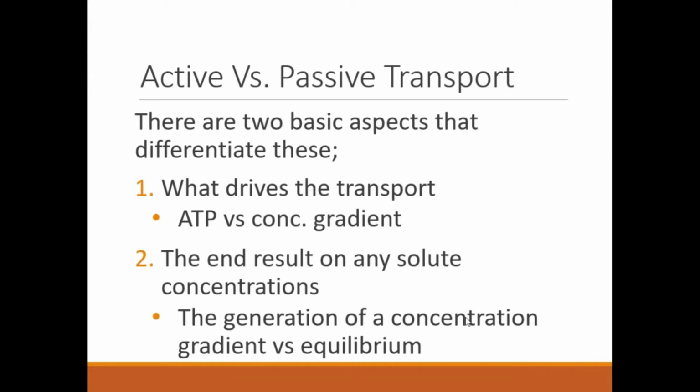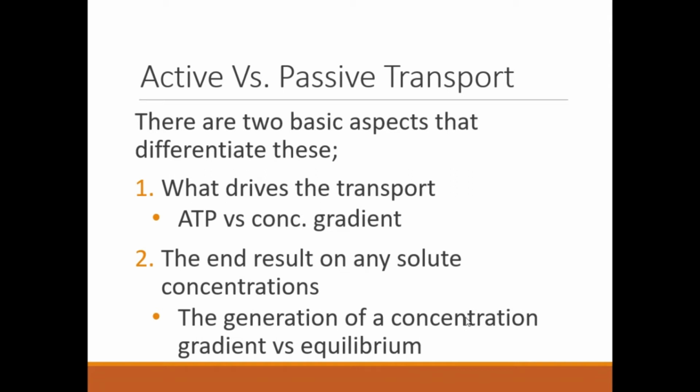We are going to use ATP to essentially pump solutes across the membrane and accumulate them on one side. So again, from an energetic standpoint, look what we've done. We've used ATP to drive active transport and create a concentration gradient. So we've transformed energy in the form of ATP into energy in the form of a concentration gradient. We've pumped them across.